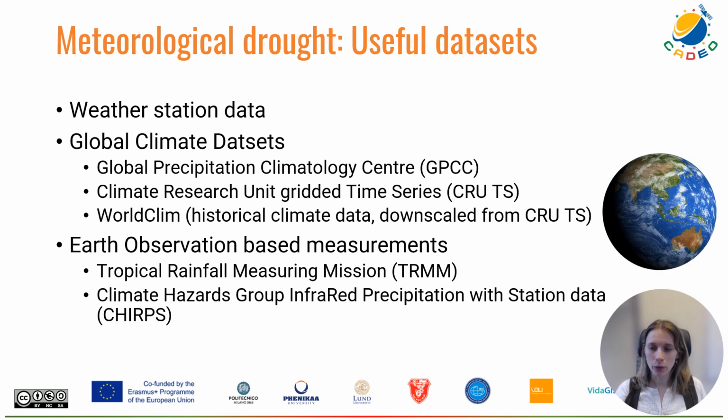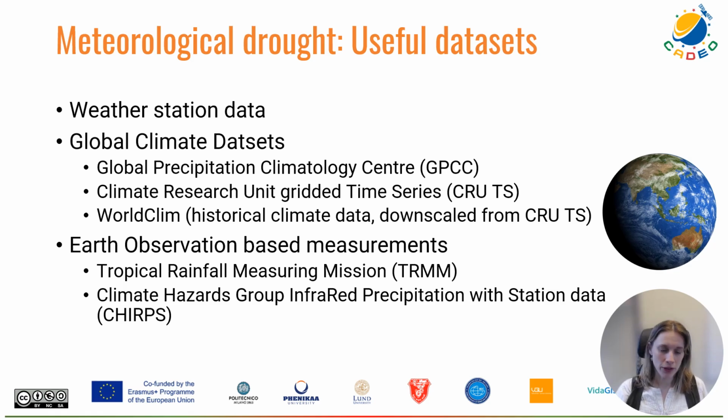But if you are working on an area that doesn't have a good record of weather station data, because you can see how many points the interpolation in these climate data sets are based on, you may want to use an Earth observation-based measurement instead.